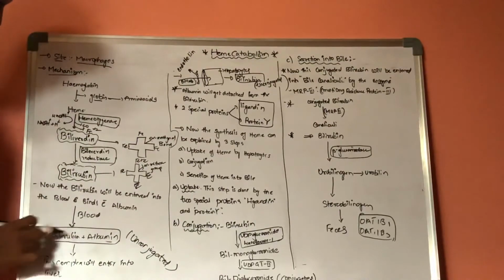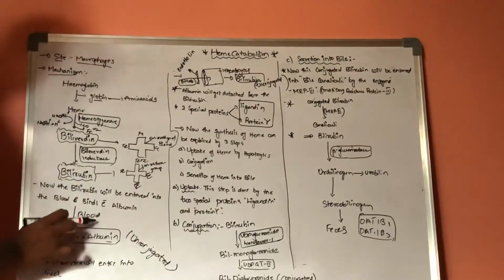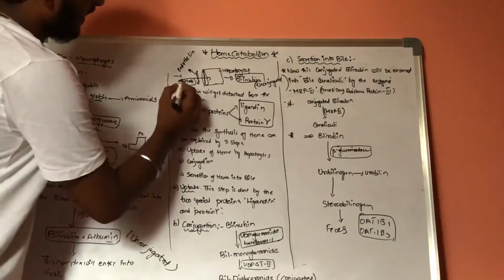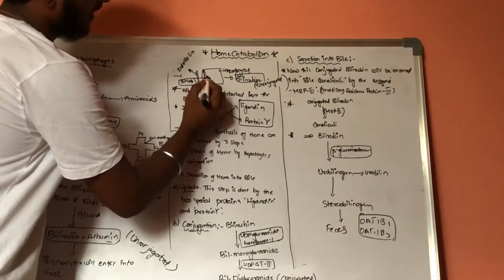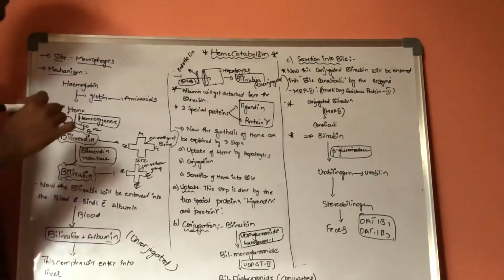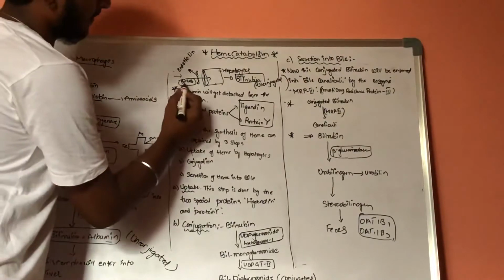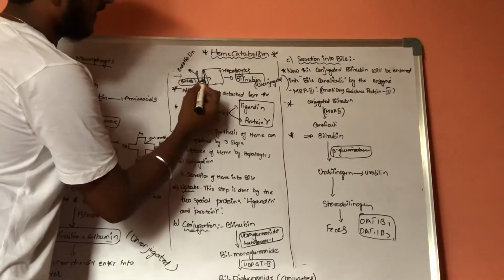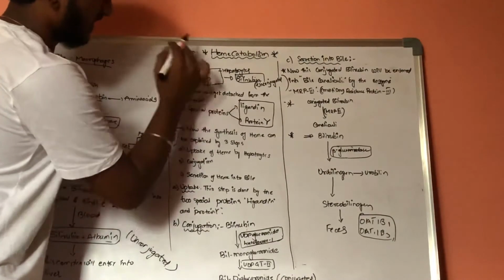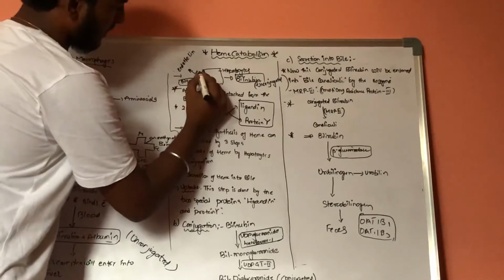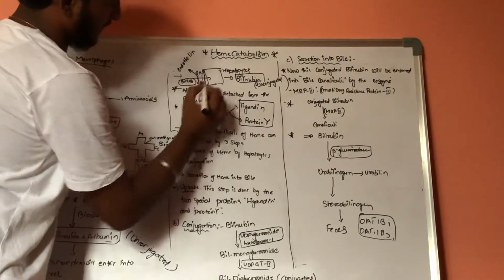This albumin plus bilirubin complex will enter the endothelium, then the hepatocytes. Whenever this bilirubin and albumin complex enters the hepatocytes, the bilirubin and albumin get separated. This is bilirubin and this is albumin.